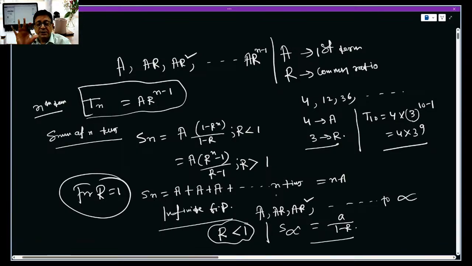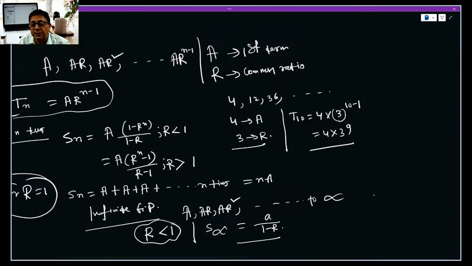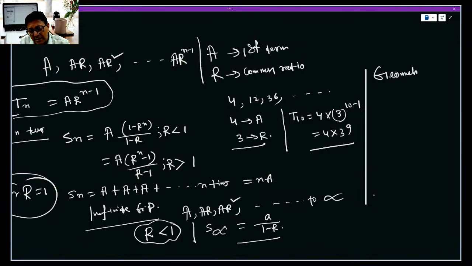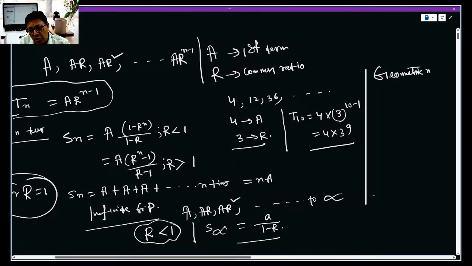These are the formulas available in GP, and another one: in a geometric progression between two terms, if we have inserted one mean first, then you get the geometric mean.